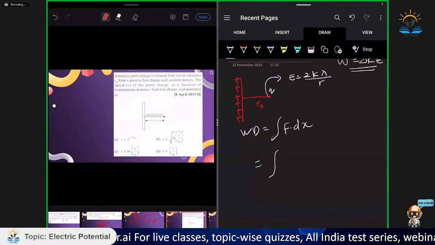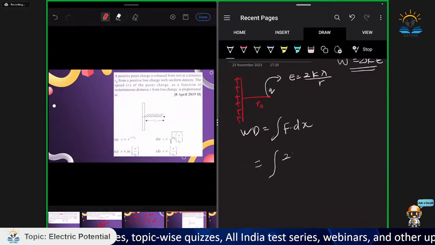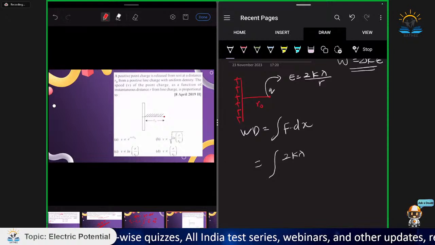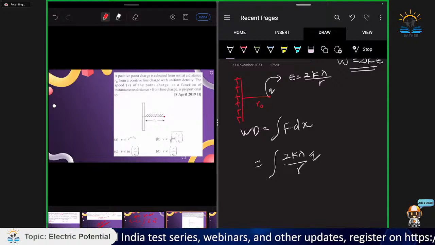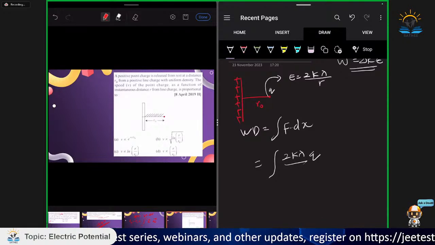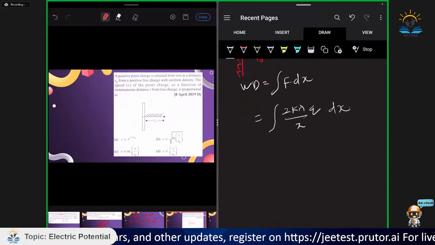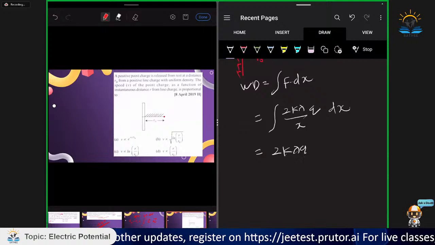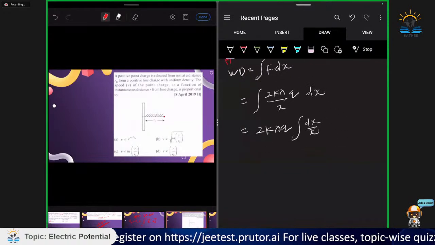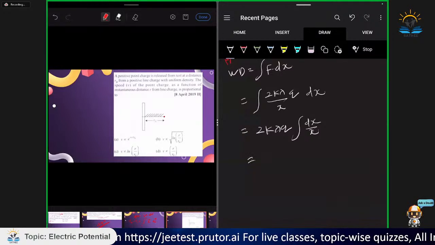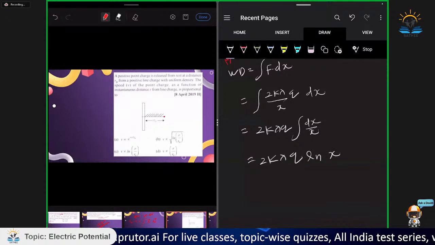Force will be electric field into charge, so F is 2k lambda by R into point charge Q. Taking X as the distance, by integrating, we get 2k lambda Q integral dx by X. The integral of dx by X is ln X.